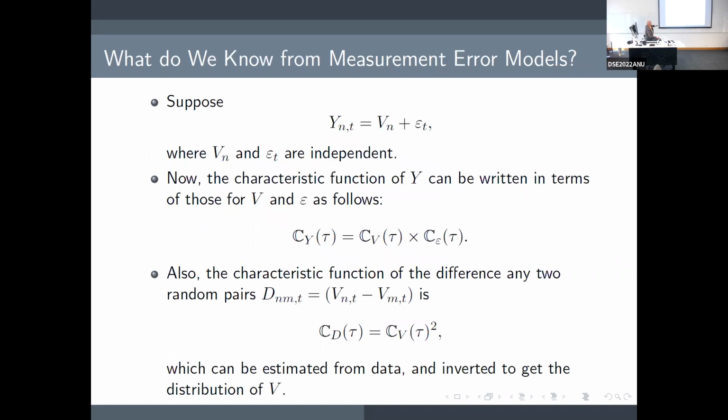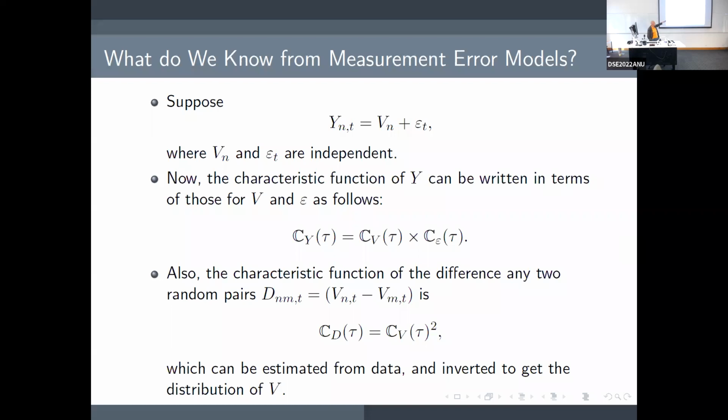So what you can do is to realize that if you have a valuation V_n that is perturbed by an epsilon_t, and they're independent of one another, then you can calculate the characteristic function of Y as the product of the characteristic functions of V and of epsilon.